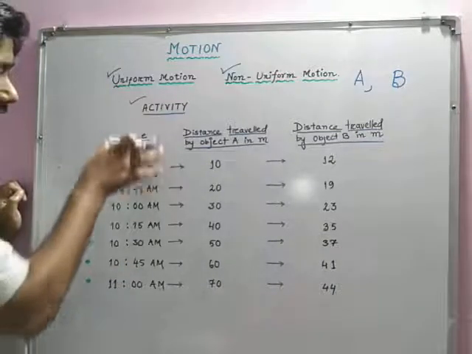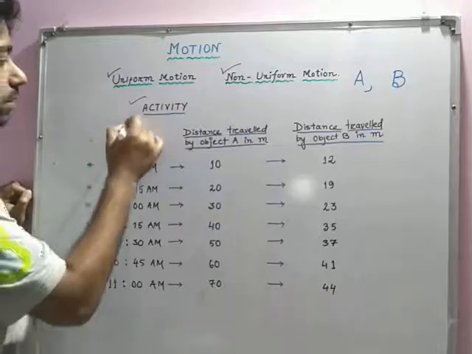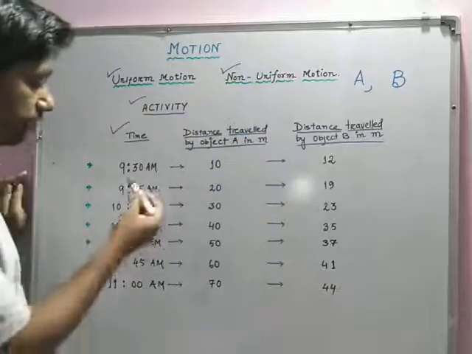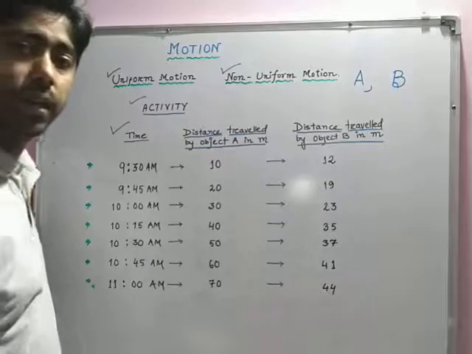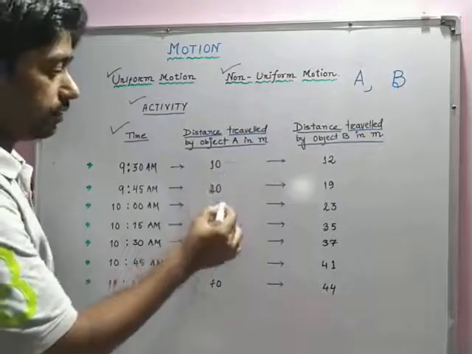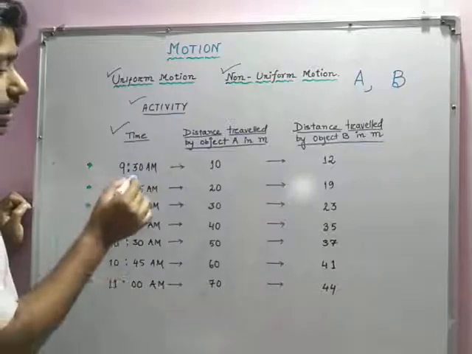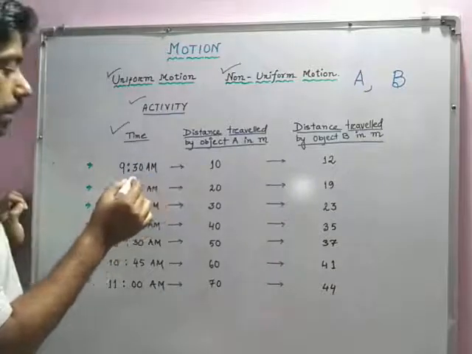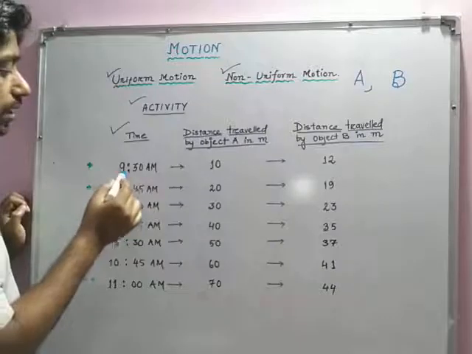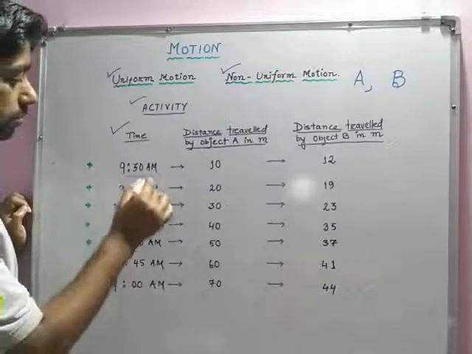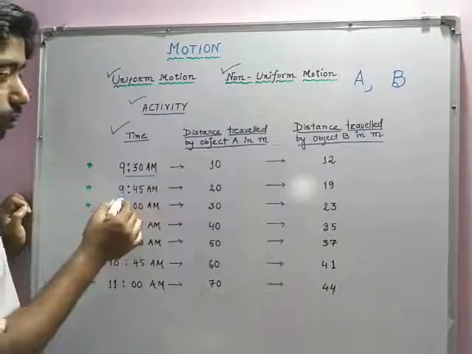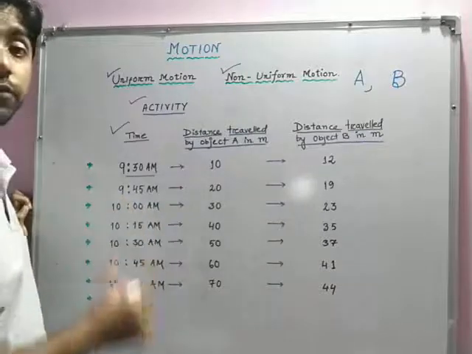Now, the first column gives the list of different times at which their respective distances are measured. You can see here in the time column 9:30 AM. In the second row, it is written 9:45 AM.